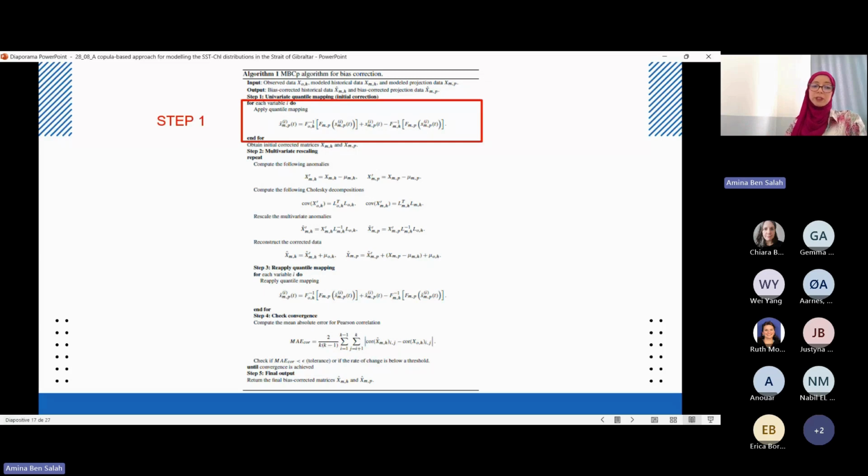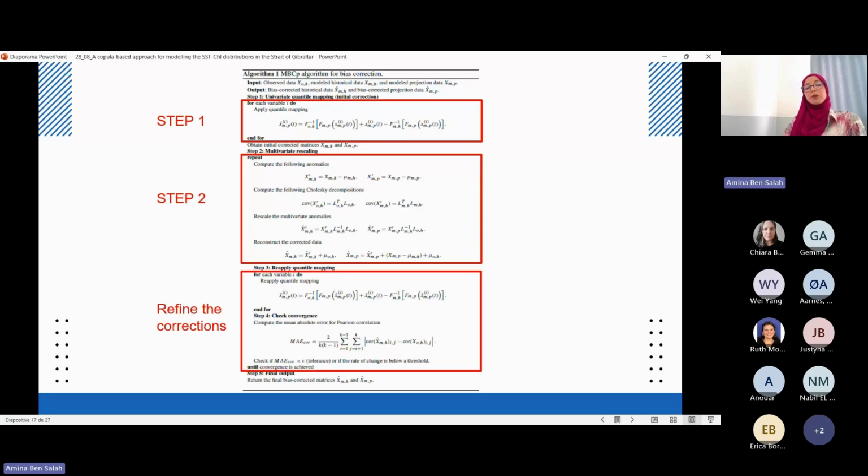First, univariate quantile mapping is applied to adjust each variable by matching its statistical distribution to the observed data. Next, multivariate rescaling is performed using Cholesky decomposition to preserve correlation between variables and achieve realistic dependencies. The process iteratively refines the corrections until the correlation matrix converges.